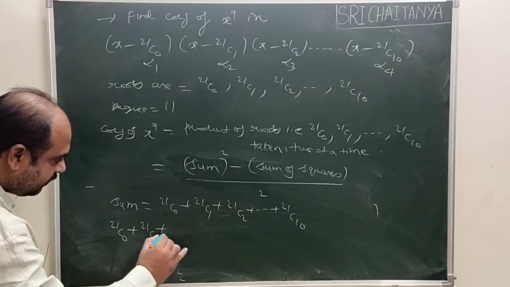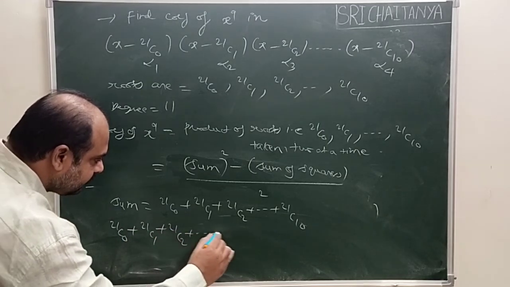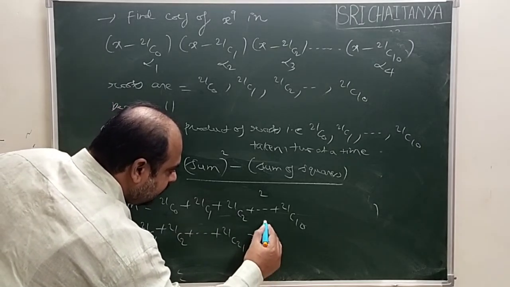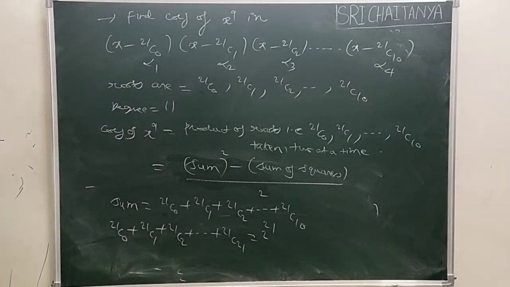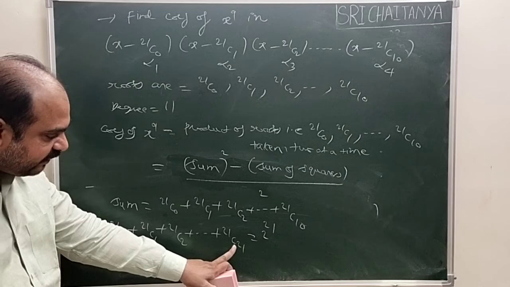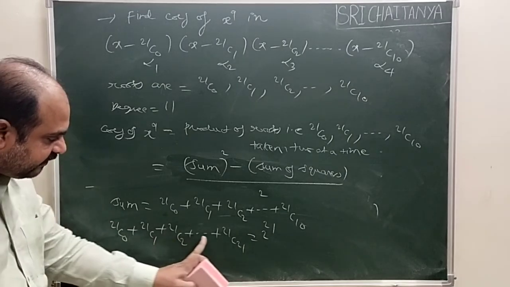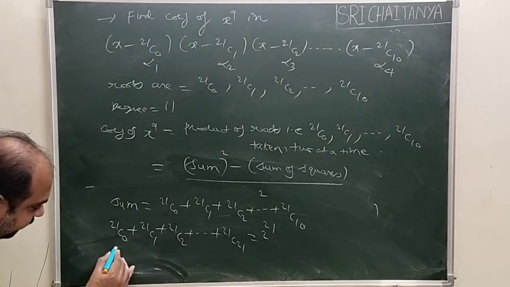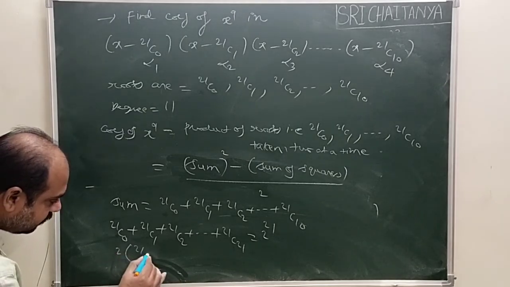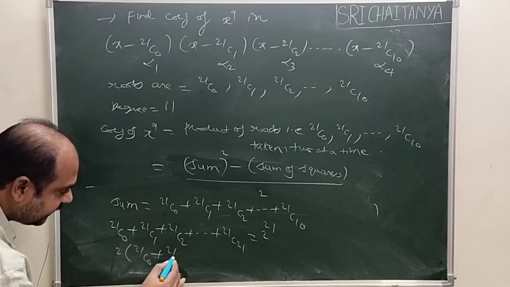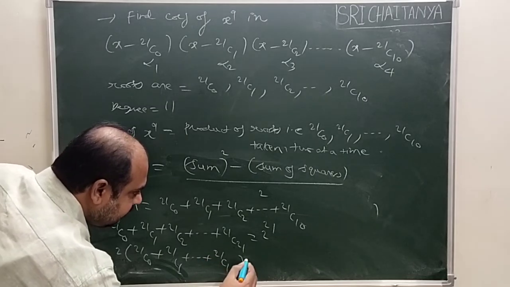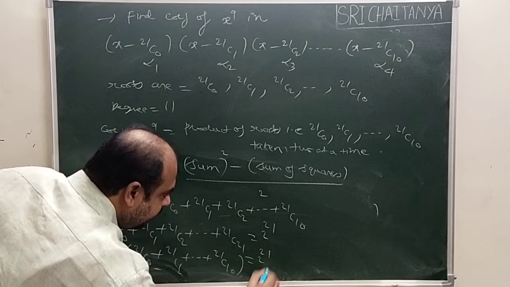21C0 plus 21C1 plus and so on up to 21C21 is what? 2 power 21. Now 21C0 is 21C21, 21C1 is 21C20, and like that in between 21C10 equals 21C11. That means 2 into the sum of the clubbed terms, and 2 into the sum is 2 power 21.